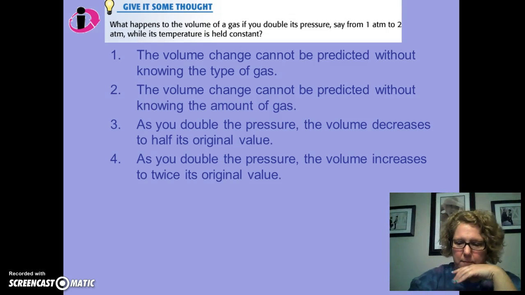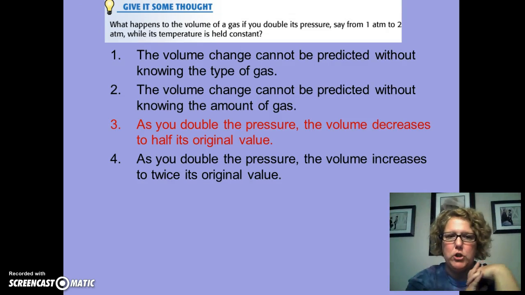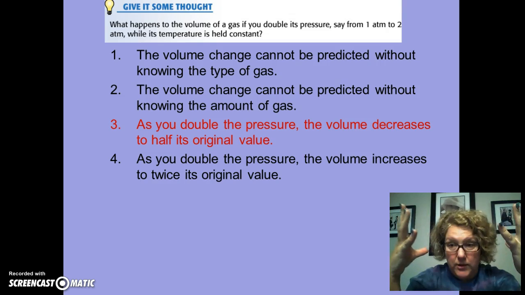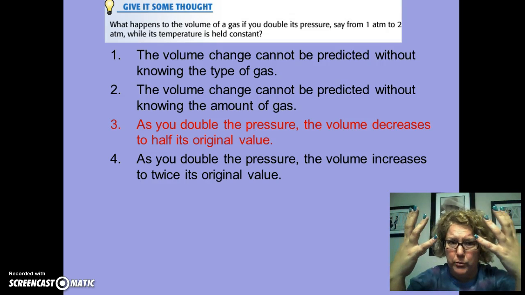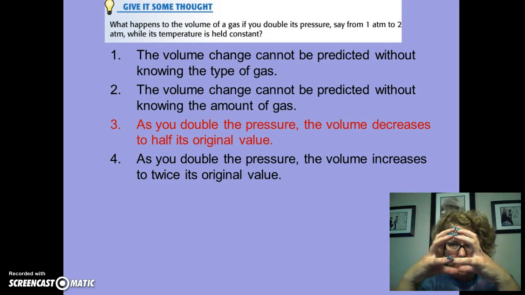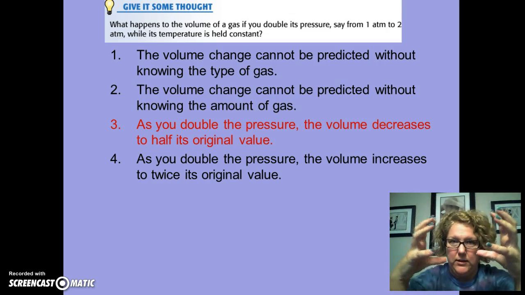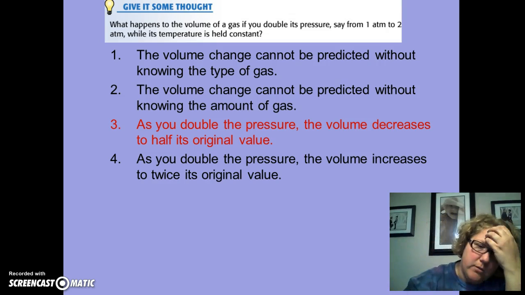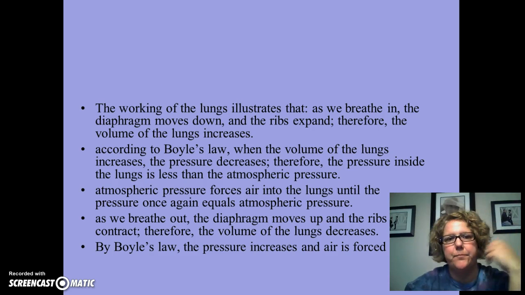Kind of hard to explain what I mean there. I need a picture. If you have a flexible container, like a balloon, and you double the pressure that's being applied to that balloon, the volume is going to decrease. If you double the pressure, the volume will be half what it was before. So when one goes up, the other goes down.